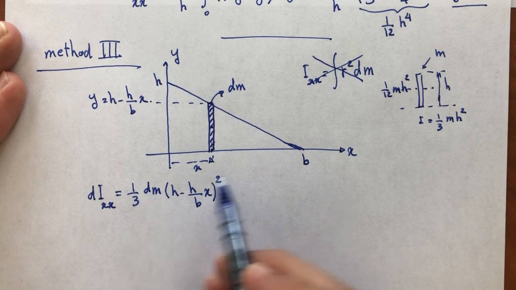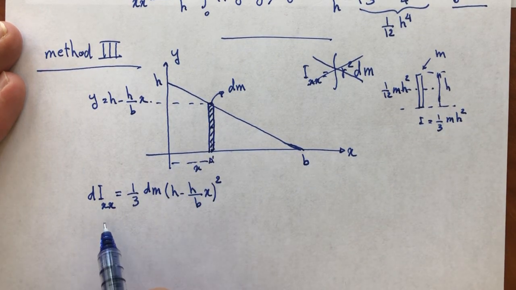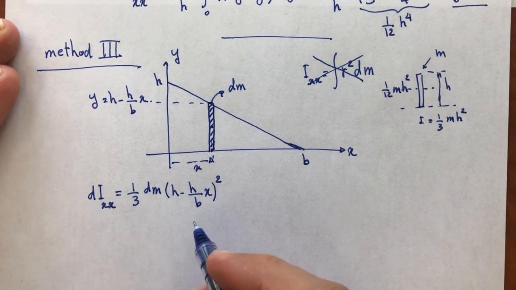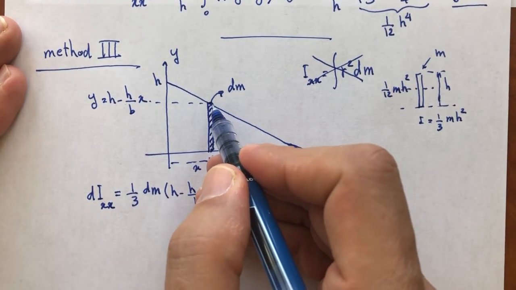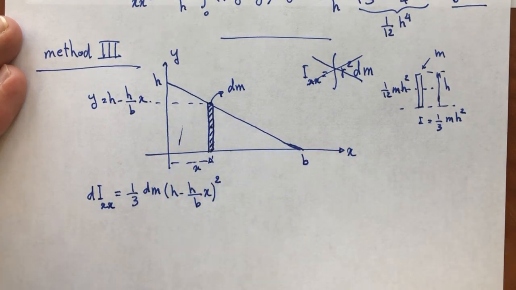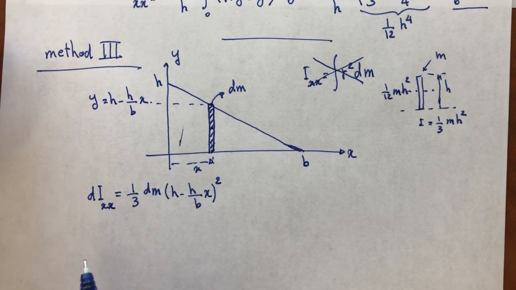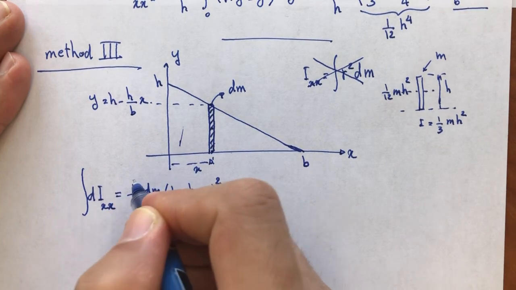So 1/3 of the mass times h squared. Now this is the mass moment of inertia of this rod, but we have millions of these vertical rods to cover the whole area, to cover the whole mass, right? I need to add all of them together, which means I need to integrate this equation.